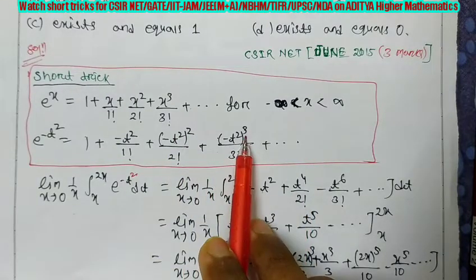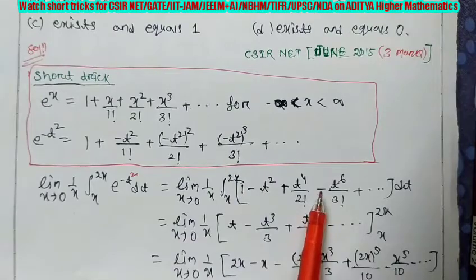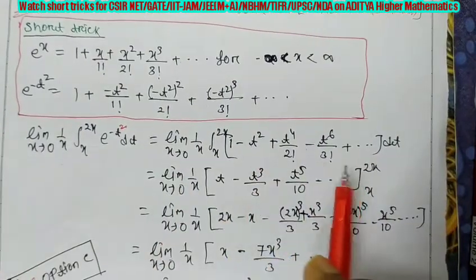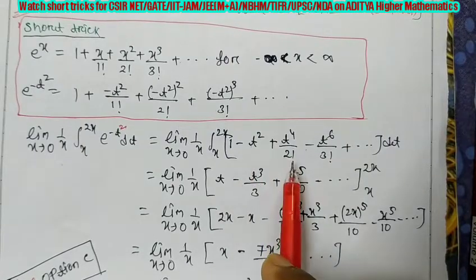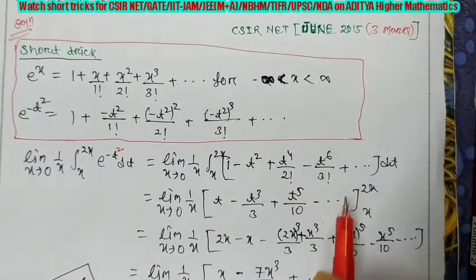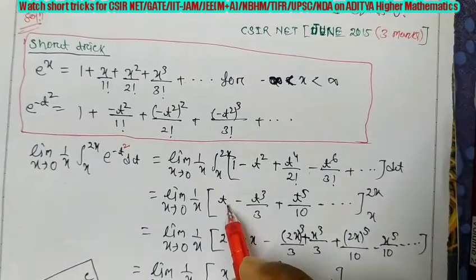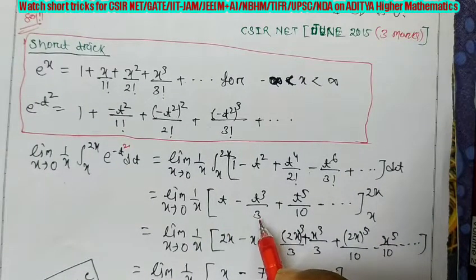After that power is odd, so we are getting negative. So like that it will come as an infinite series dt. Now you are getting 1 minus t square plus t fourth by 2 factorial minus t6 by 3 factorial, which you can integrate easily. So its integration is t minus t cube by 3.